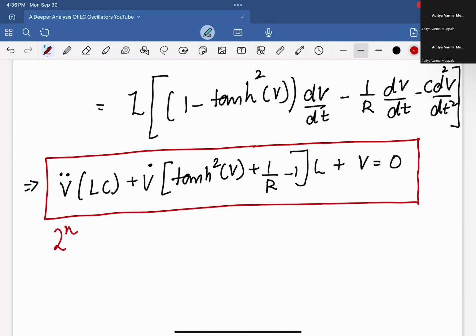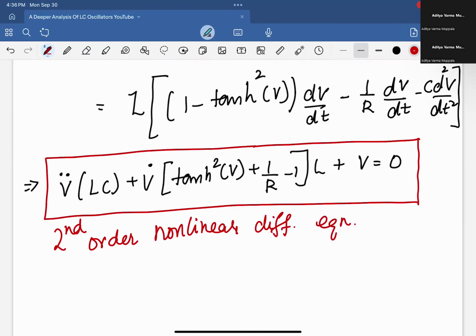So this is second order, of course, because of the two dots. Second order, and it's nonlinear, of course, because of the tanh part. Not just that, but it is nonlinear. That should be pretty obvious.